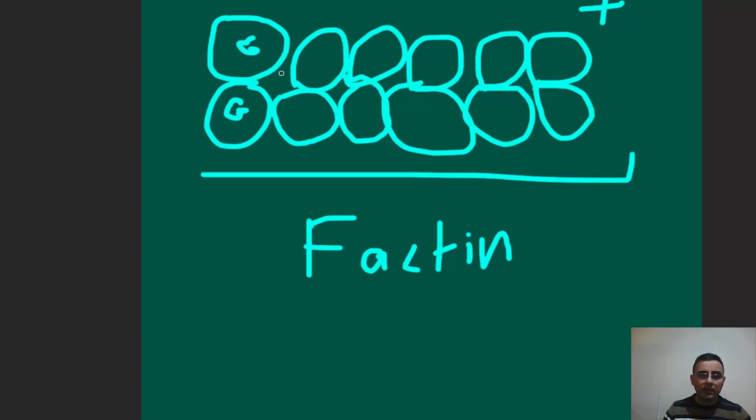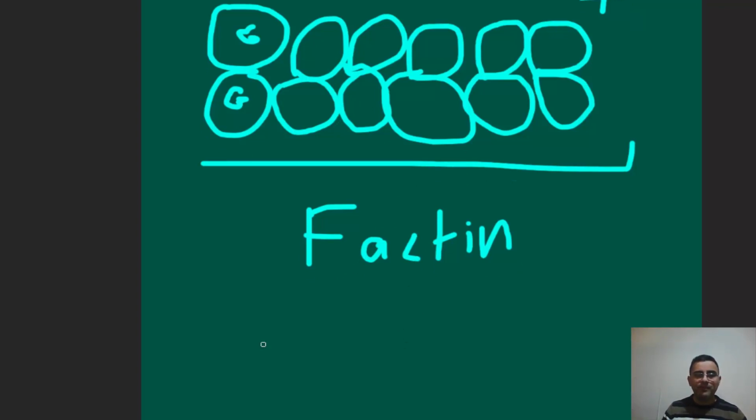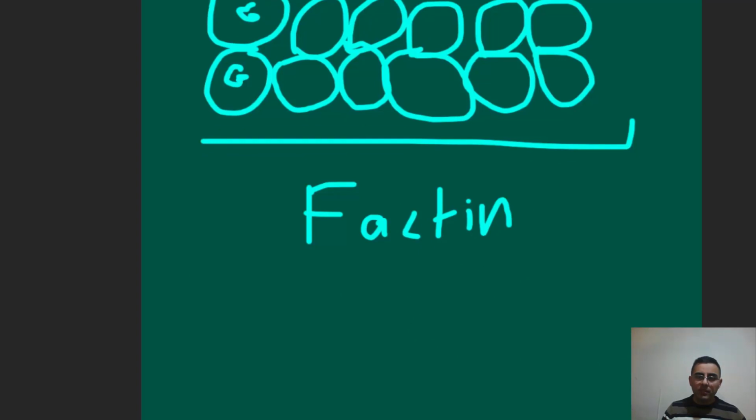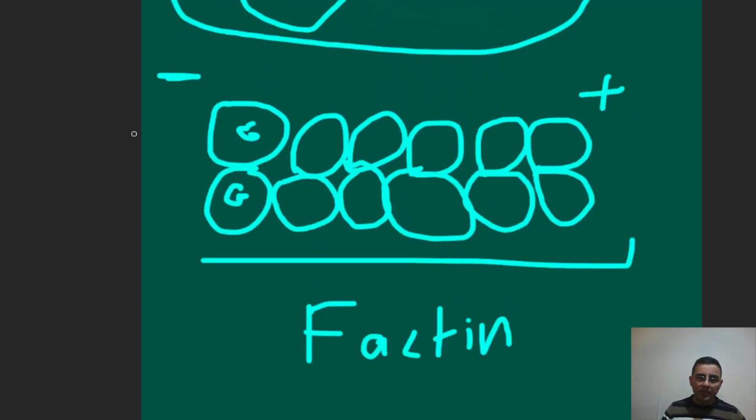How can it manage this movement? This mechanism is due to its property that it's a very dynamic structure.